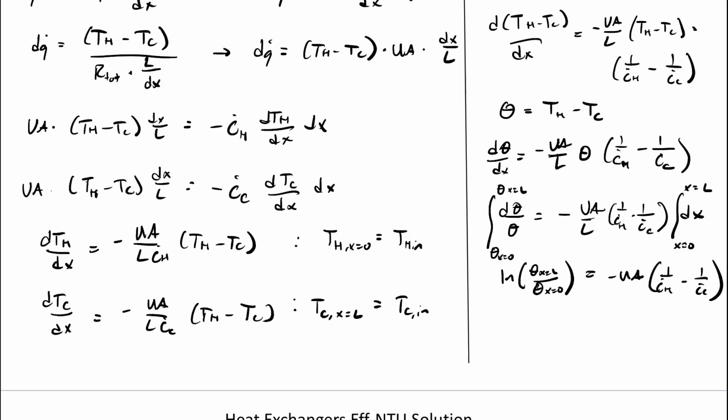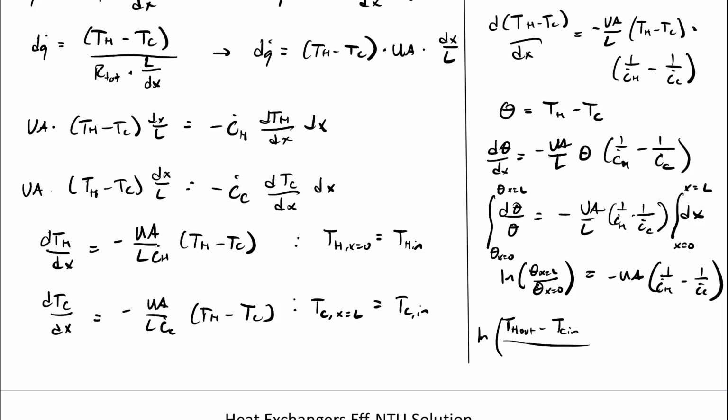Okay. So I now have an equation, right? This is a solution to this equation in terms of the condition at the left, x equals 0, and the condition at the right, x equals L, and everything on the right is a constant. So this is now telling me something about how theta behaves. I can go back and substitute in my temperatures and end up with the final solution, which is ln of, let's see, theta at x equals L is going to be TH out minus TC in. Think about that.